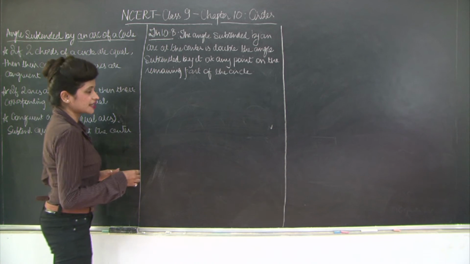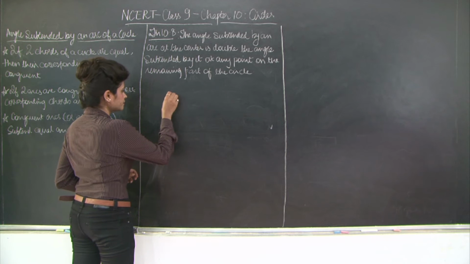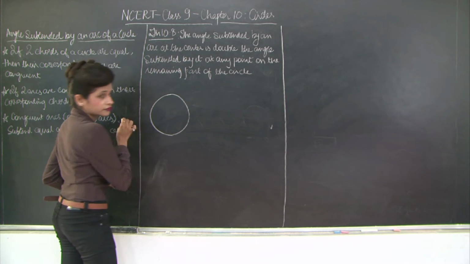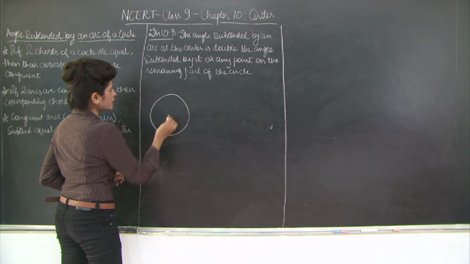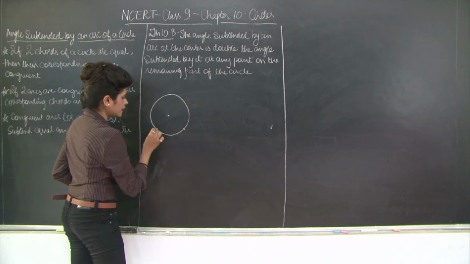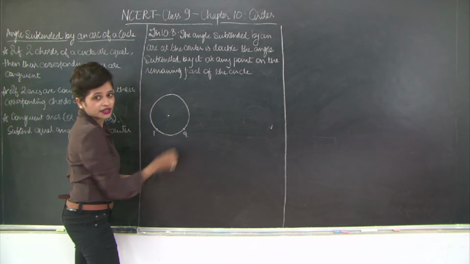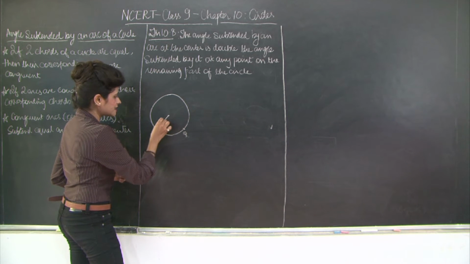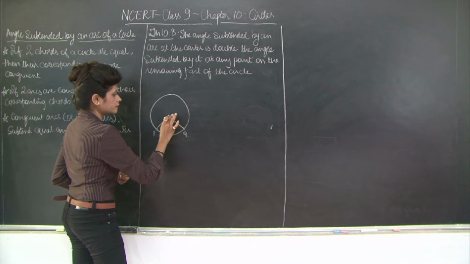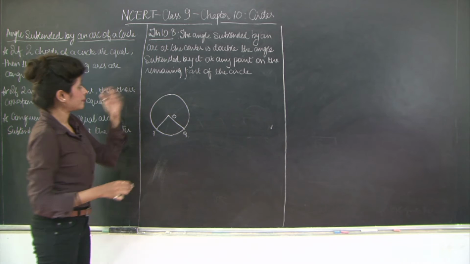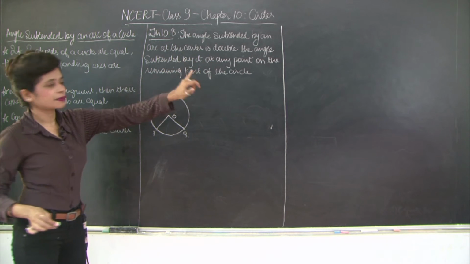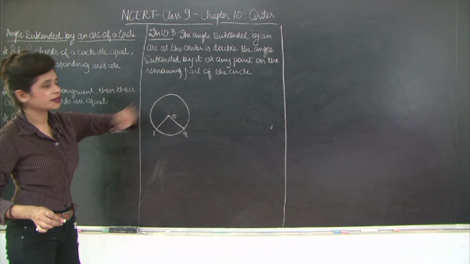So what they mean to say is, if you have a circle with center O, and you have an arc, let's say PQ, subtending an angle at the center, then the angle at the center is double the angle subtended by it at any point on the remaining part of the circle.